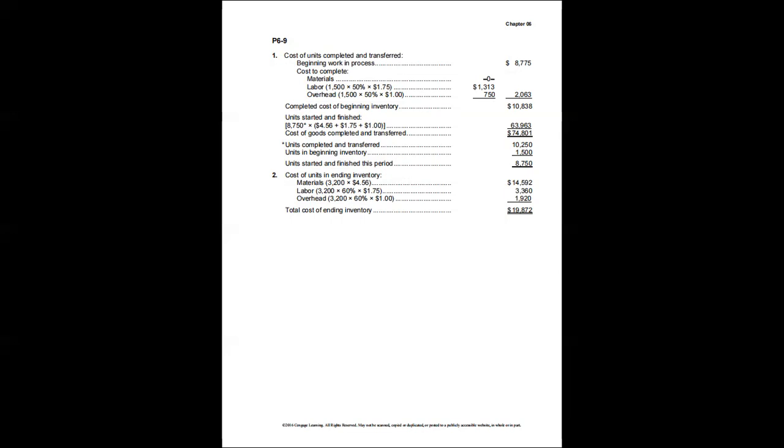Clearwater uses FIFO costing. Okay, calculate the cost of the pounds completed and transferred to finished goods. Calculate the cost of the ending work in process. So we have now the cost of units completed and transferred, beginning work in process of 8,775.